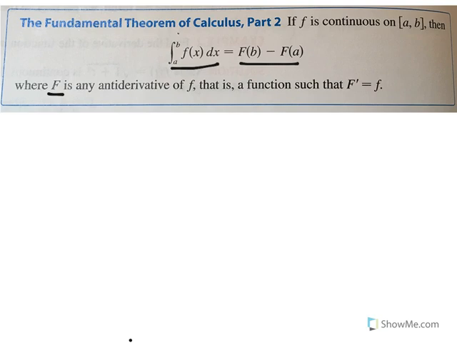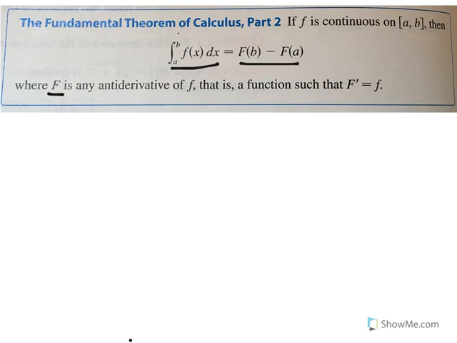In the last video I told us that the implication from the Fundamental Theorem part 1 is that an antiderivative is basically the same thing as an integral now. And this result gives us not just that they're the same thing, but a really nice way to calculate the area under the curve by taking an antiderivative and then just plugging in the upper bound and then the lower bound, and subtracting.